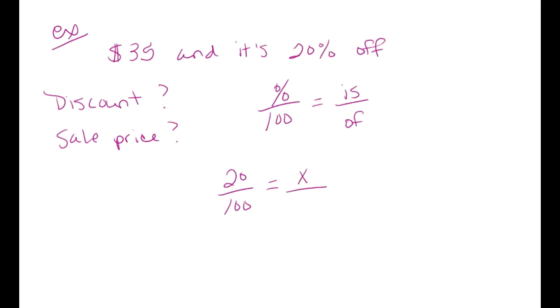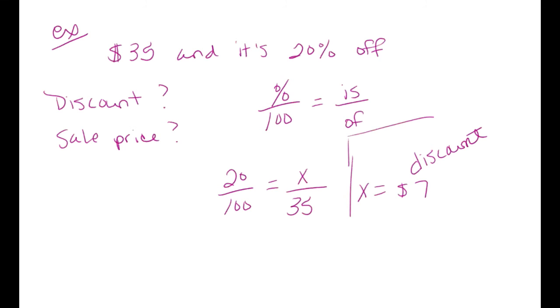So that's our X of $35. Okay, and when we cross multiply, we're going to get X equal to $7. This is the discount.